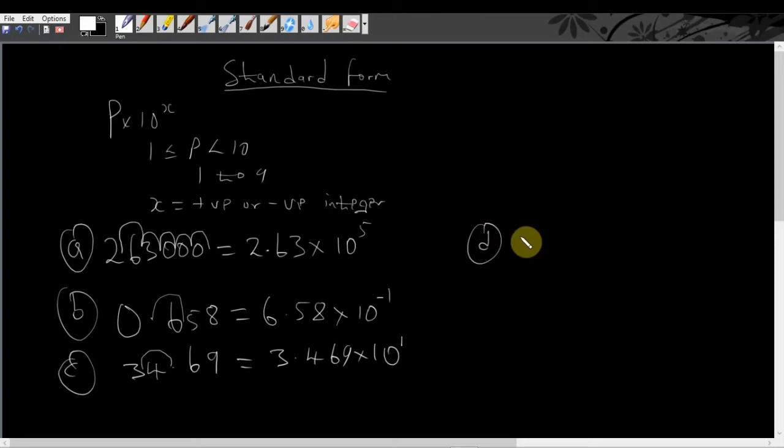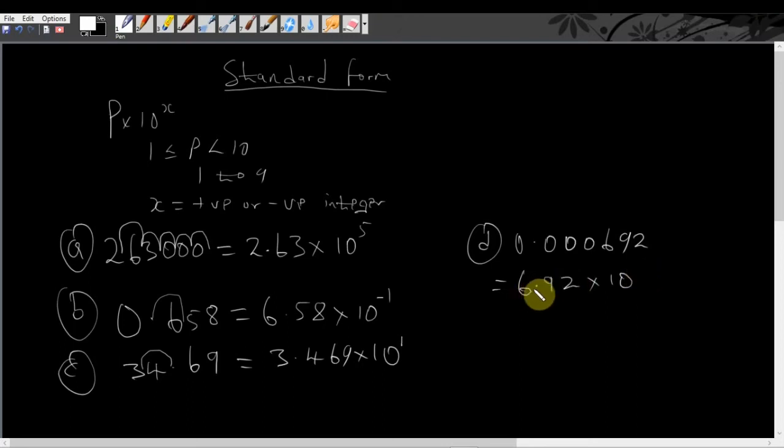D. Let's say you are given 0.000692. The answer is going to be in standard form. You write these ones that are numbers, leave the ones that are 0. This is 6.92. This is point, please. 6.92 times 10. What is now going to be on top of this, your 10?